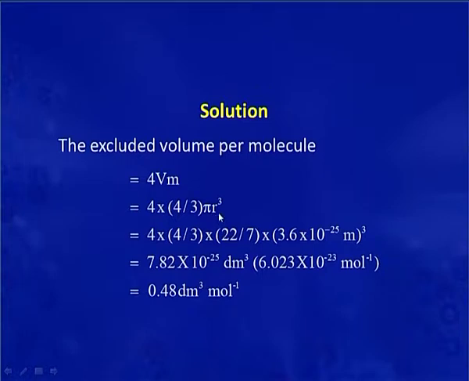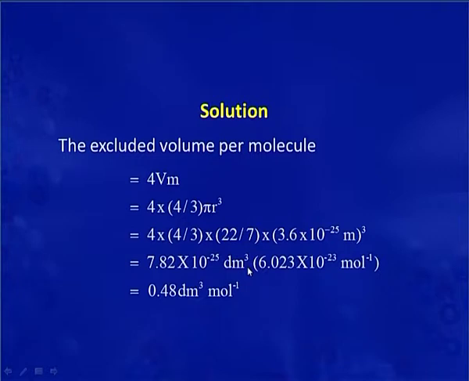The value of r is given in this numerical, so you can put it here, and you know the value of pi, that is 22/7. When you put this value here, you get 4 × 4/3 × 22/7 × (3.6 × 10⁻¹⁰ m)³. So, you get the value 7.82 × 10⁻²⁵ dm³.